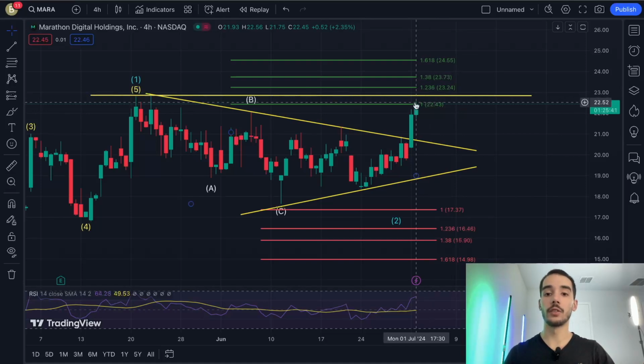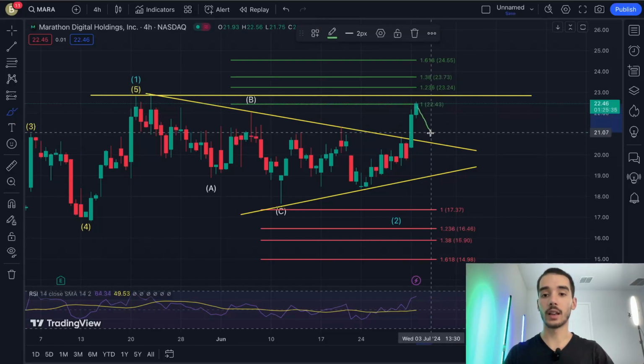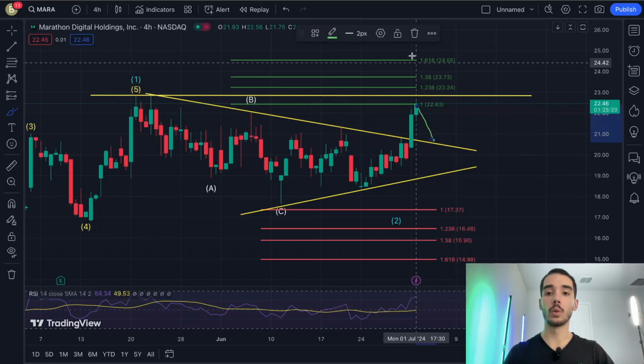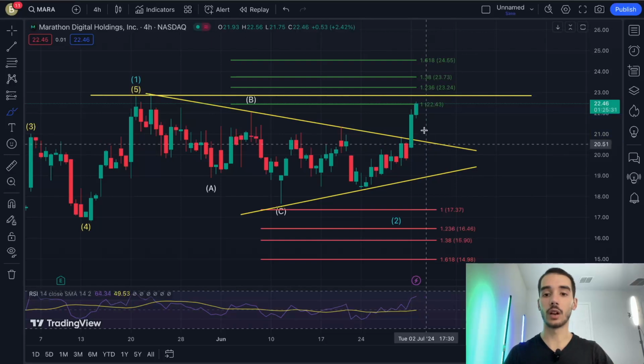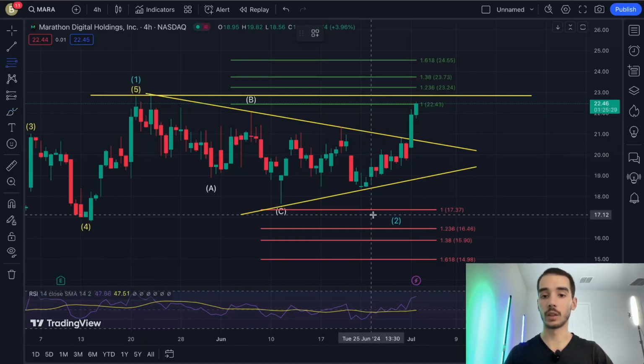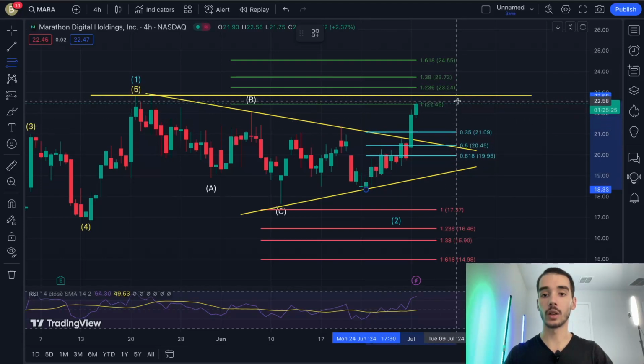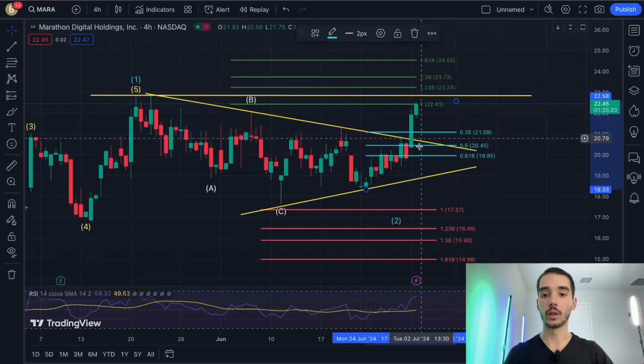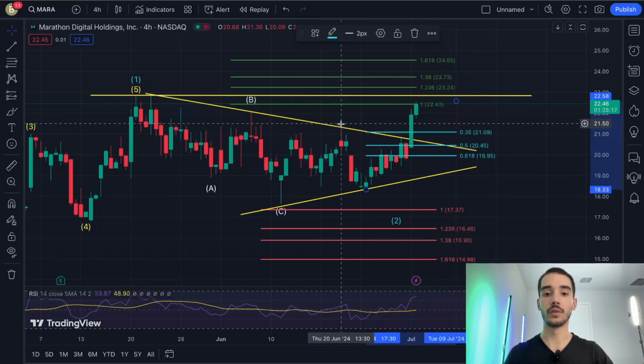Around there, we can be rejected back down. If we are, we want a bounce off of support, which can look something like this. If we take this swing low up toward the current swing high, this is where our current support lies. We really want to see this not drop below the 0.5.